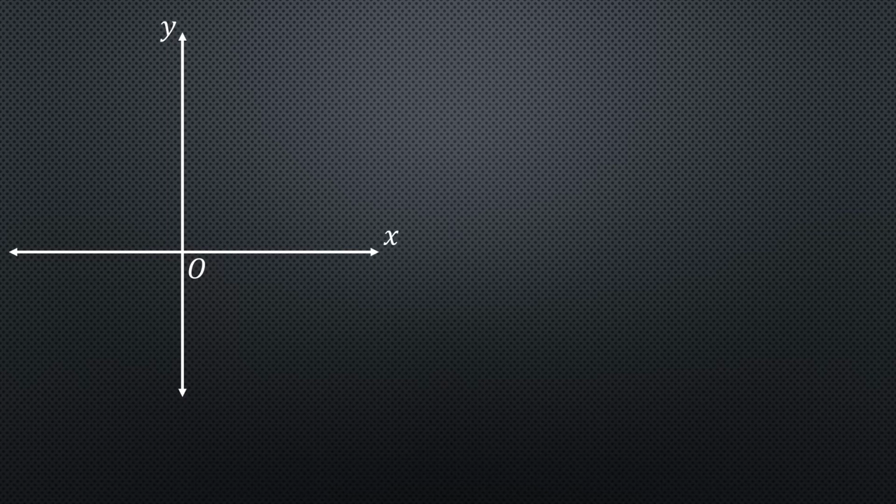So for our parabola, let our parabola pass through the origin, that is 0, 0, and let us use that to be the lowest point of our parabola, and that will be the vertex.